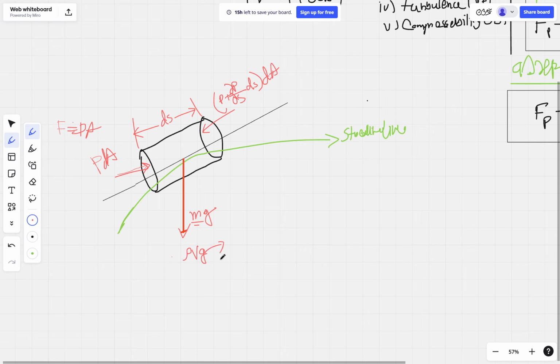Okay, so if we change this further, we'll get rho g multiplied by dA into ds, right? Okay. And if we take this angle theta, then if we use the vector rule, we're gonna get that this will be rho dA ds into g cos theta.